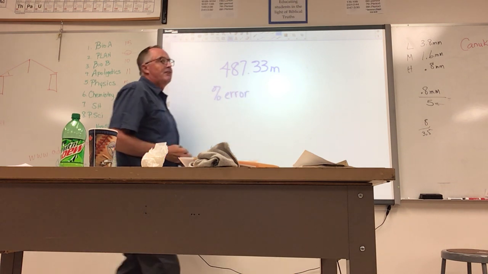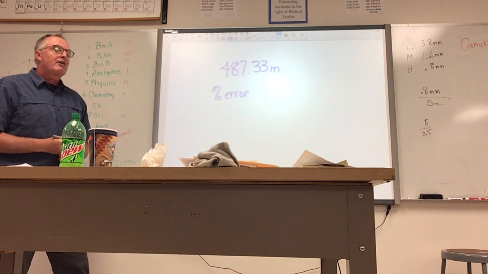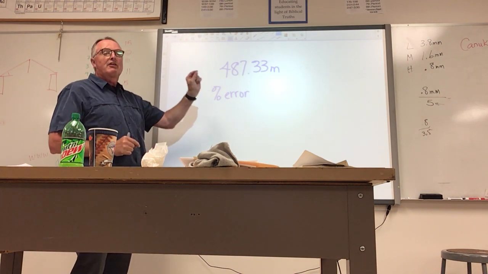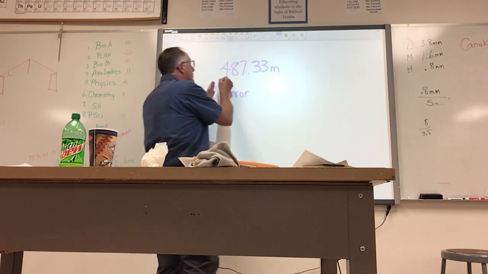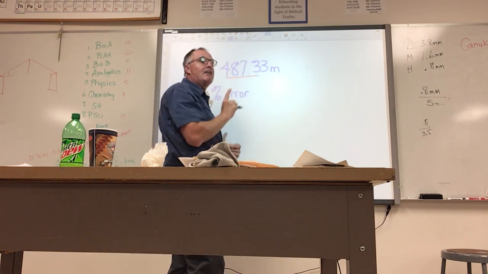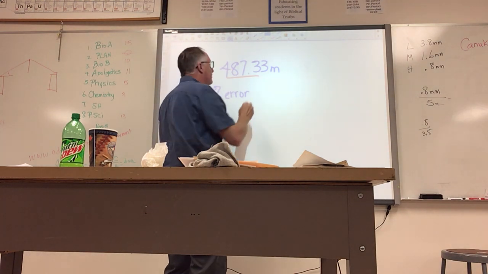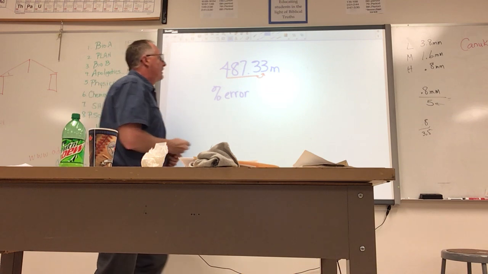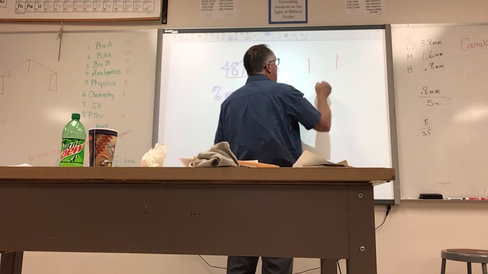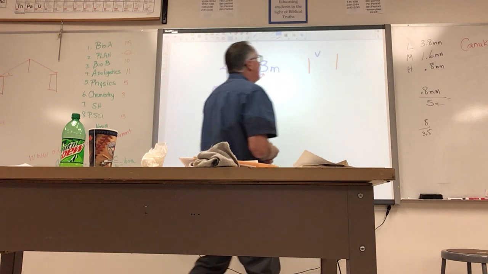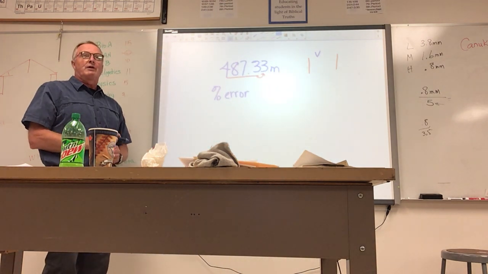If it's not given, we assume that the error is going to be human error, and it's going to be in your last little bit where you measured the 487.3, and then you get that one place of uncertainty where you're guessing at that one. And it was from this mark to this mark, and it was right there, and you guessed that that was 0.3.